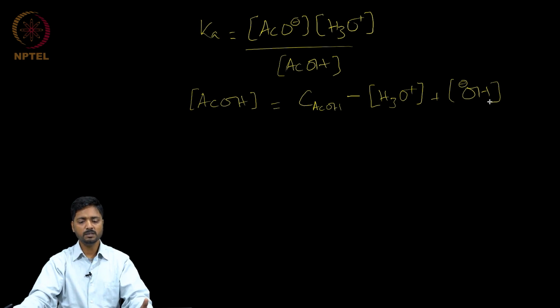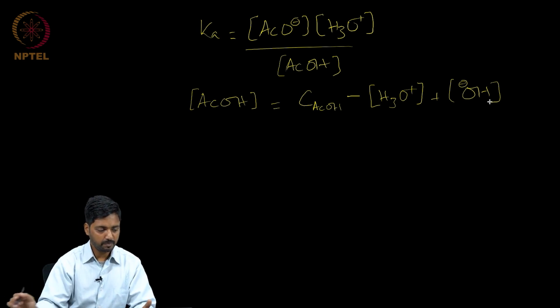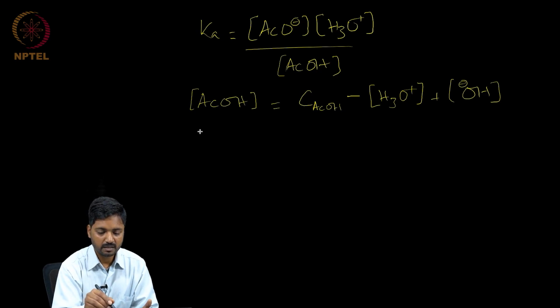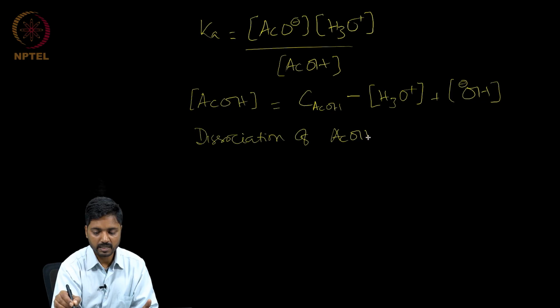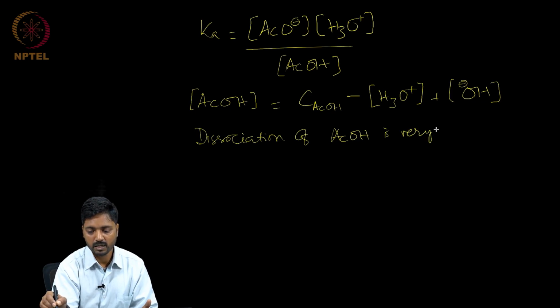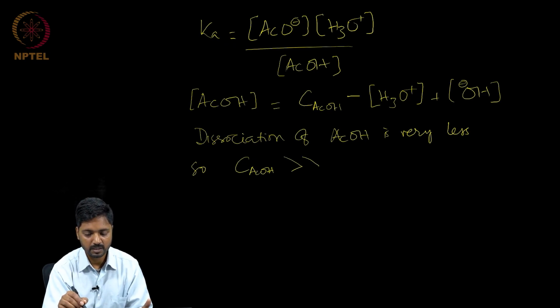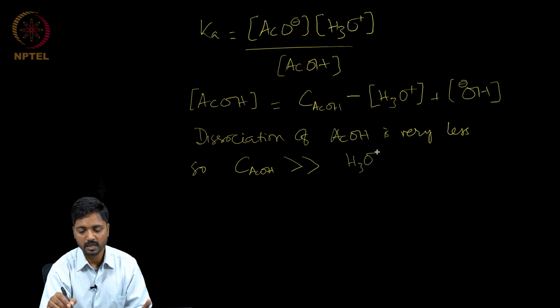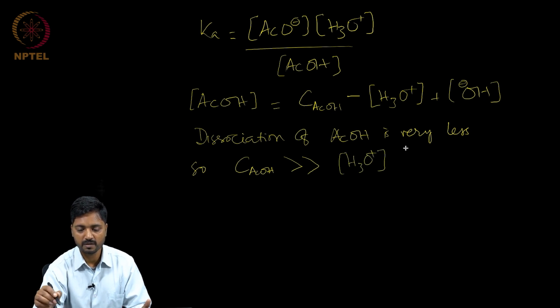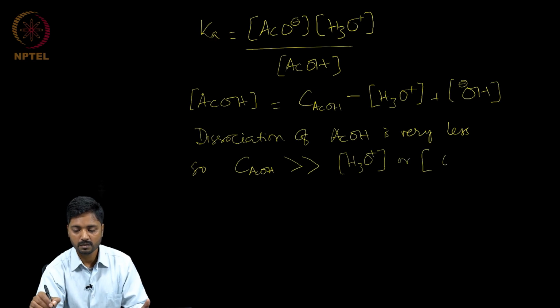Now, we also make a presumption that the dissociation of acetic acid is very less. So, the concentration of acetic acid that we begin with is much greater than either the hydronium ion concentration or the hydroxyl ion concentration.